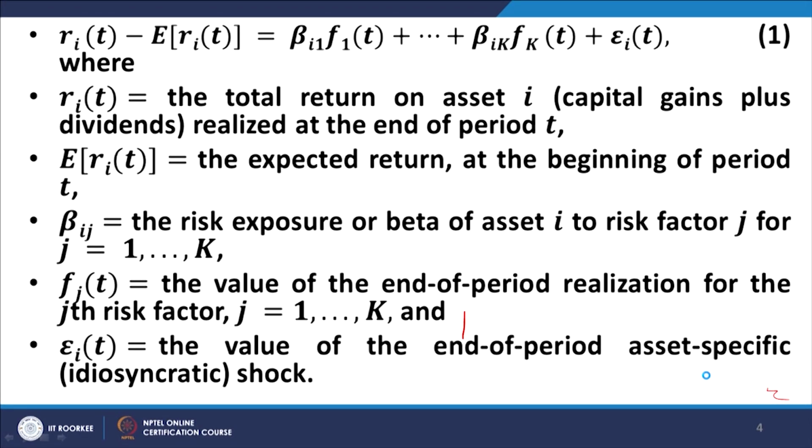So, this statement is captured by the equation that is given at the top of your slide, that is equation number 1, where the terms have the meaning that I explained just in the last class.